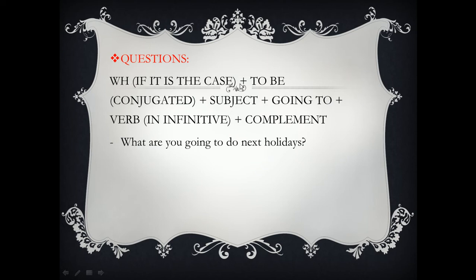So, what, and we got to be, what are, we got the subject, you, we got going to, and we got the verb in infinitive, and we got the complement. So what are you going to do next holiday? Simple.